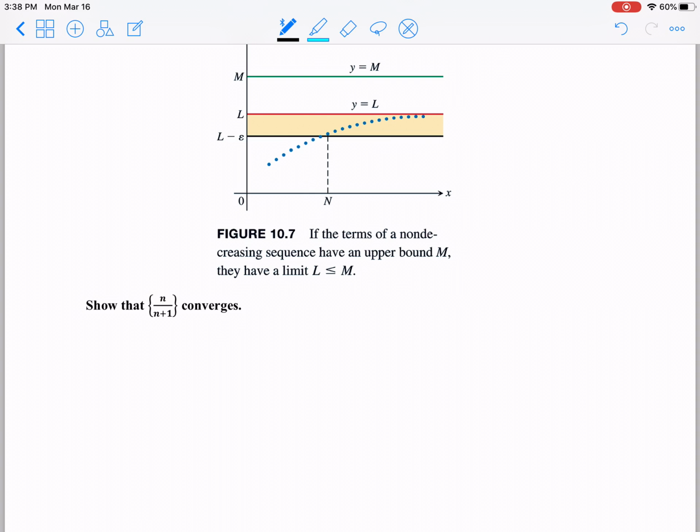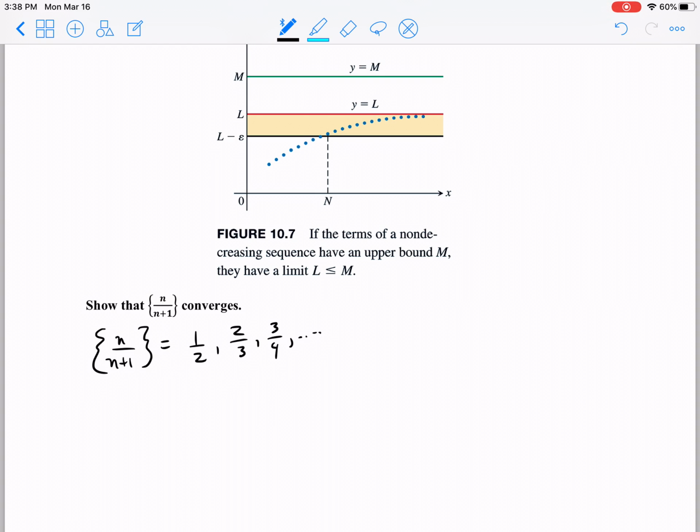All right, so let's try this. Show that n over n plus 1 converges. So n over n plus 1 is going to give us 1/2, 2/3, 3/4, so on and so forth.